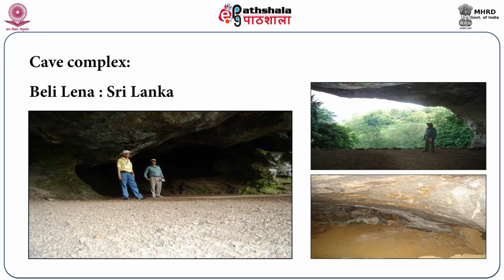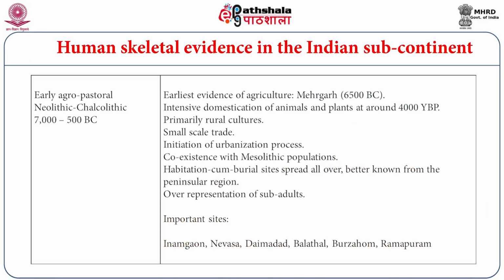Next cultural stage is the Neolithic. Mainly people practiced agro-pastoralism, that means primitive agriculture as well as sheep, goat and cattle rearing, and this phase is otherwise called Neolithic. And the next phase is Chalcolithic, when people started making copper implements.